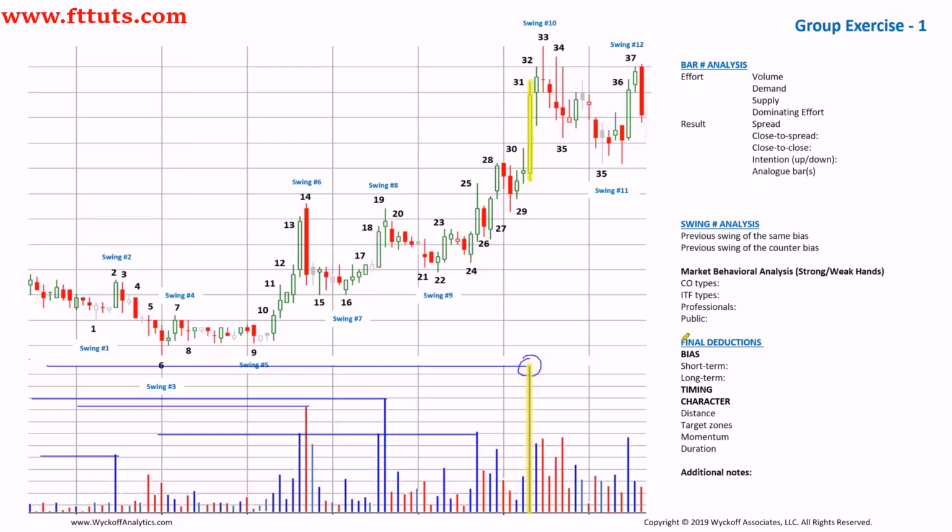I want you to think about this over this week, and think about why we're doing this work on volume and spread analysis. What looks so bullish is hiding a secret, a Trojan horse.